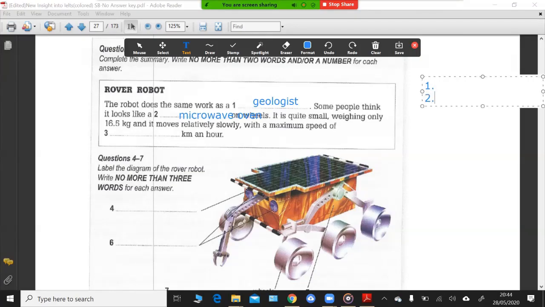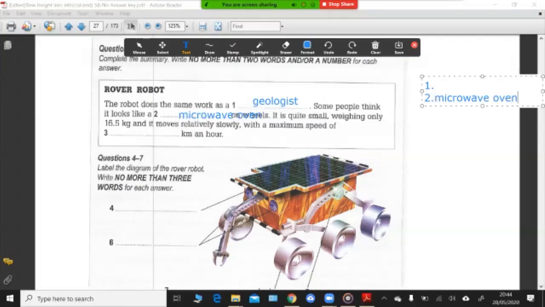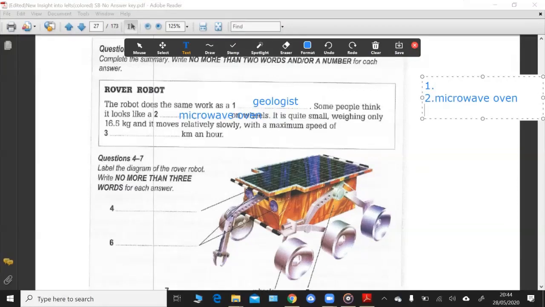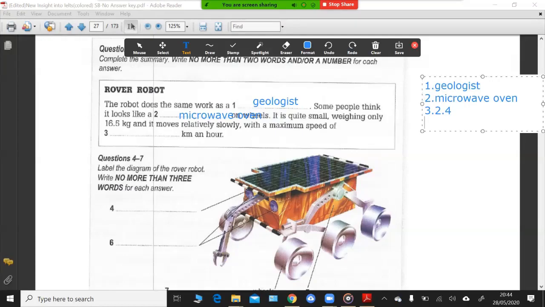Number 2 is microwave oven. And number 3, 2.4 kilometers. Yes, number 3 is 2.4 kilometers. That's right. Number 1 was geologist. Number 2, microwave oven. Number 3, 2.4 kilometers.